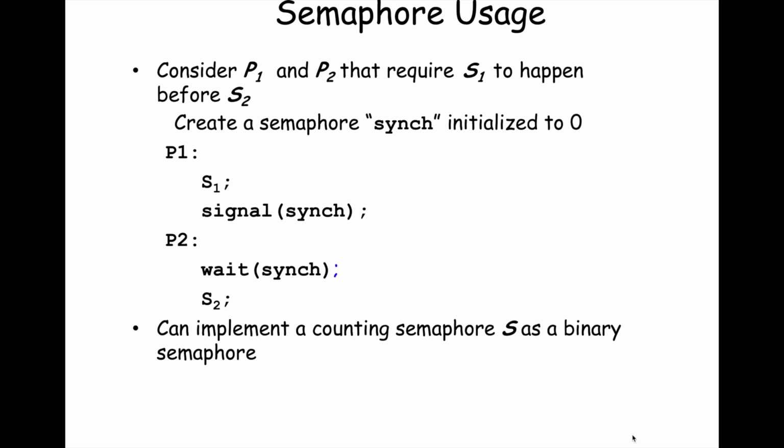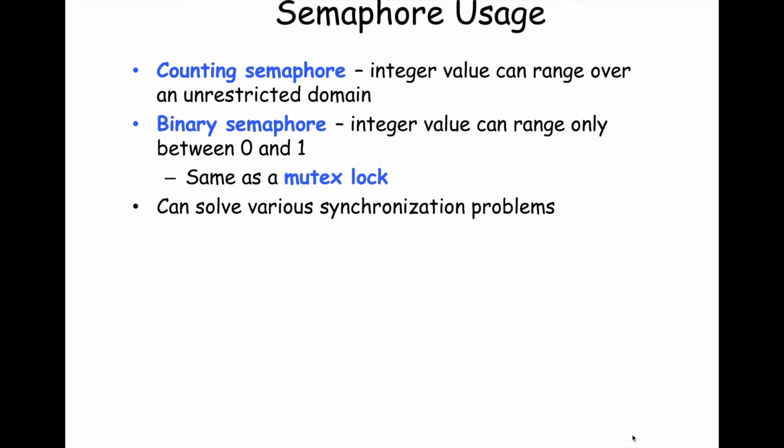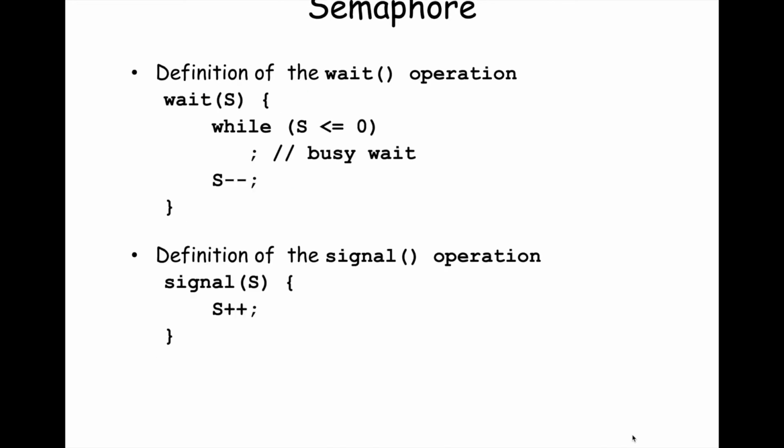And P2 is going to do a wait on the semaphore. Now remember the behavior: if this semaphore variable is equal to 0, the process that does the wait is going to block. It's going to busy wait. Its execution is not going to proceed past the wait command. And the signal is going to unlock it.